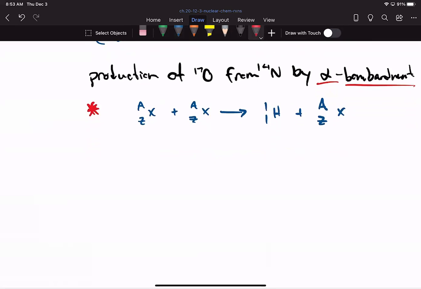So the production of, so this is my product, this is my reactant. Let's go ahead and just simply start there. If I know that that's my reactant, nitrogen 14, does anybody know the atomic number for nitrogen? Go ahead and look at your periodic table. Somebody tell me.